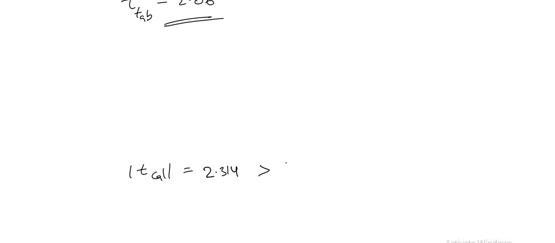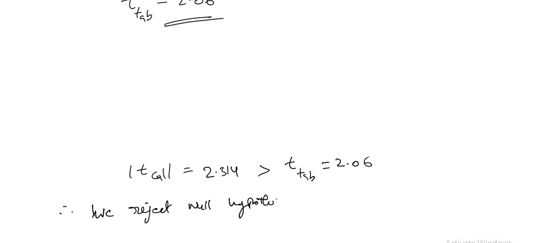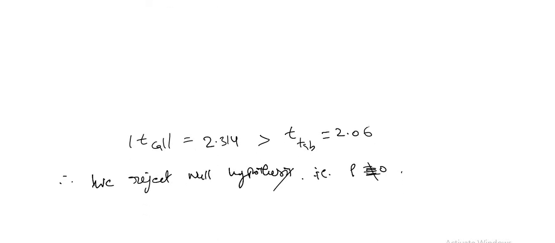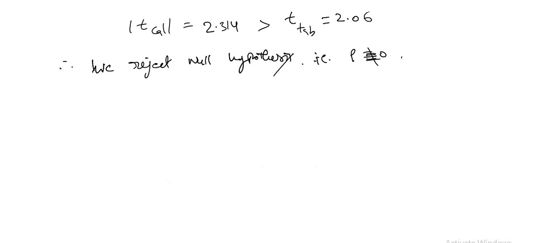This is greater than the t tabulated value 2.06. Therefore we reject the null hypothesis. That is, rho is not equal to 0. So rho is not 0, meaning the correlation between population variables is not 0. We reject the null hypothesis, which means the alternative hypothesis rho not equal to 0 holds.